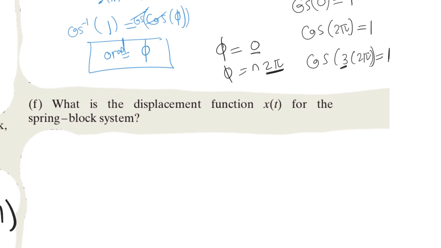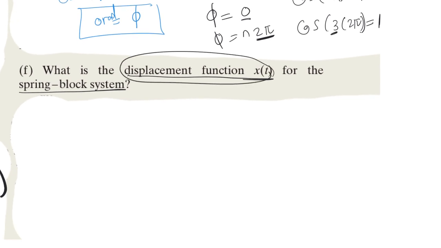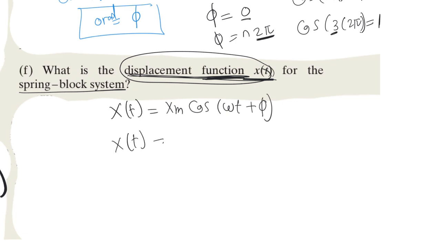The last question is: what is the displacement function x(t) for the spring block system? So they want the displacement function, so they want the answer written as a function. The displacement function x(t) is equal to xm cosine(omega t plus phi). Now xm is 0.11 meter, we know it.